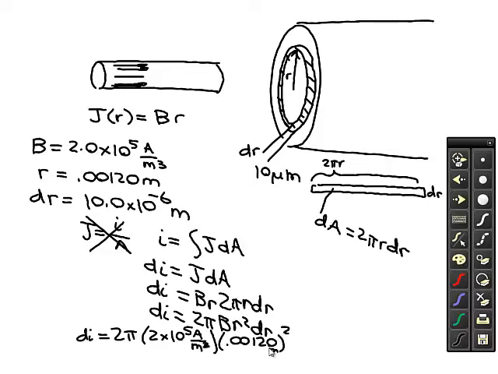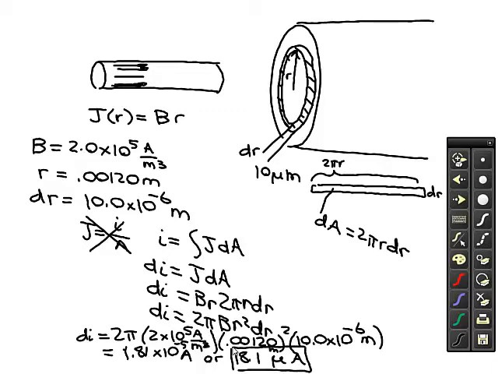And then I've got dr, my little chunk of radius, which is 10 times 10 to the minus 6 meters. So this little tiny bit of current is 1.81 times 10 to the negative fifth amps, or 18.1 microamps.